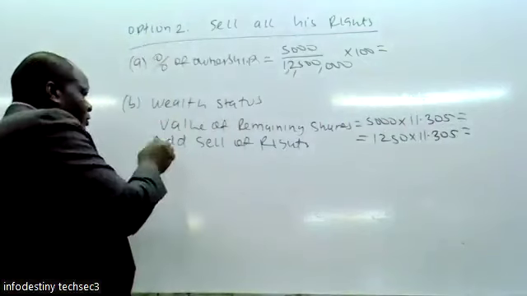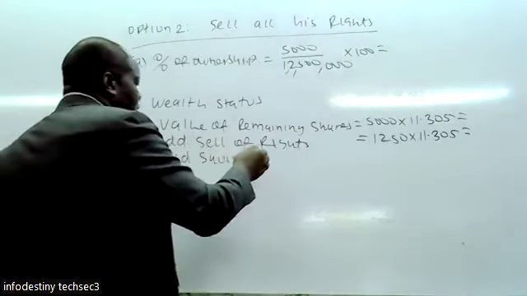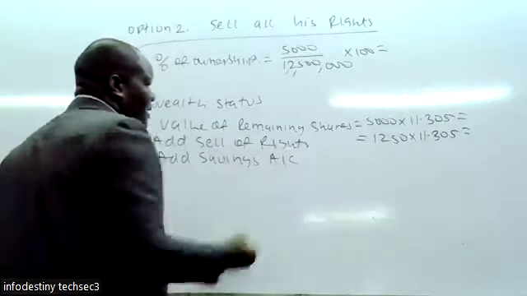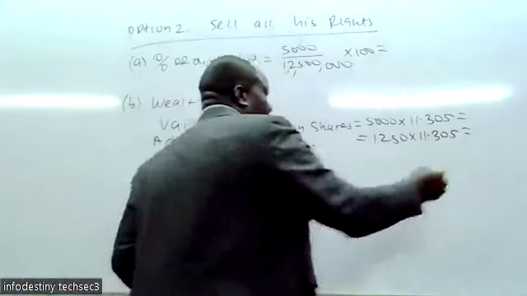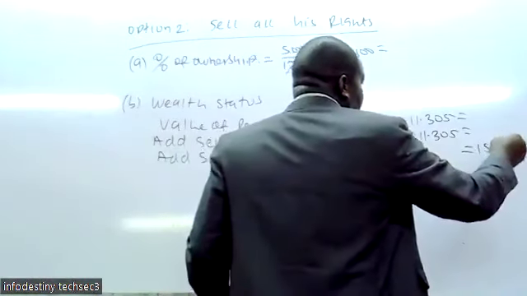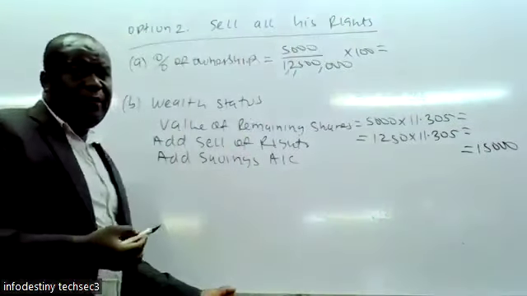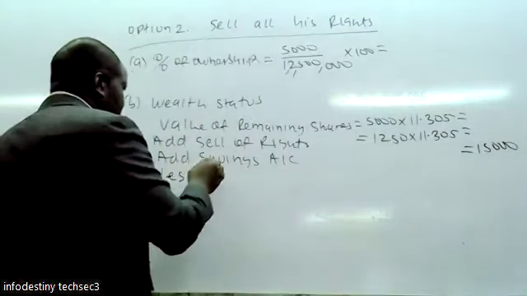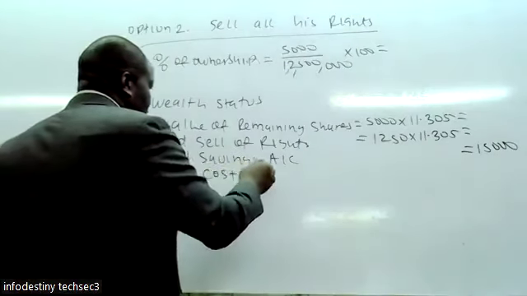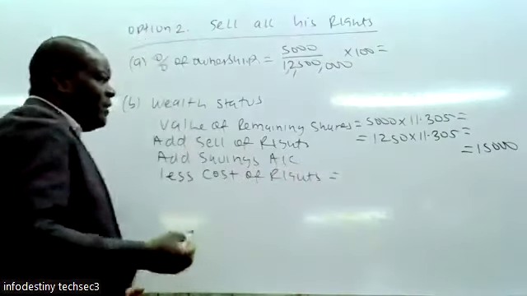Then we also add the savings account. Remember his savings account had 15,000 shillings. Then we less the cost of the rights.